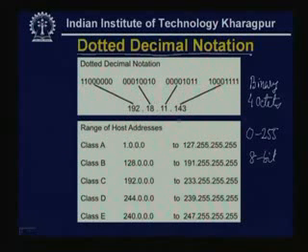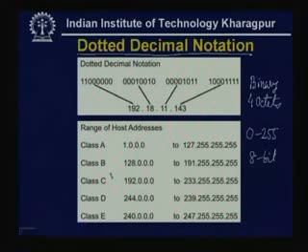Using this dotted decimal notation, the range of host addresses for different classes is given here. For example, in case of class A, it will be from 1.0.0.0 to 127.255.255.255.